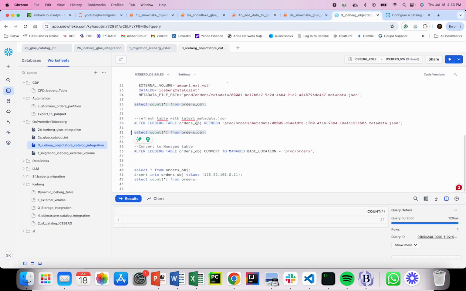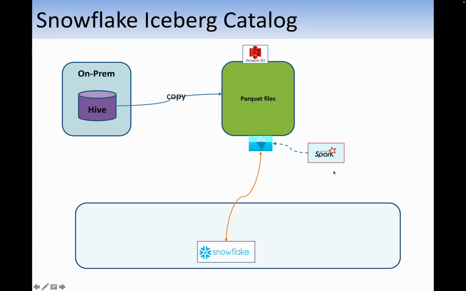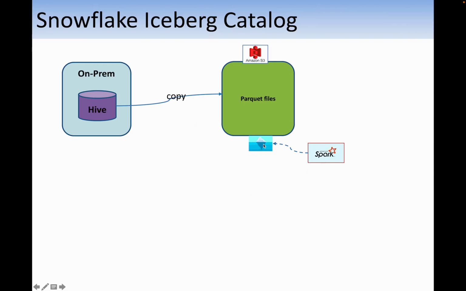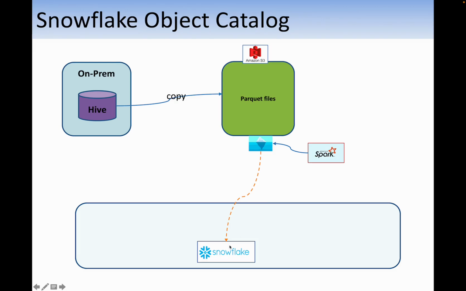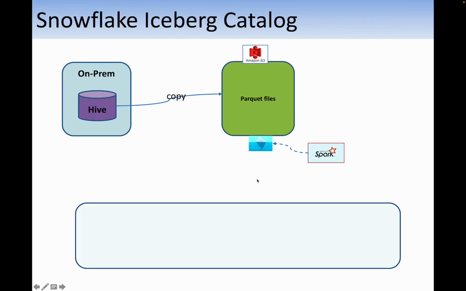So basically, your Iceberg table was initially converted into a Snowflake object managed table, and whenever we insert through Spark, Snowflake needs to be refreshed. After that we converted it, shown as a solid line here, which means Snowflake is managing that table. As you see in the architecture, from on-prem you can move to Parquet files, create an Iceberg table, and then integrate with any Icehouse.